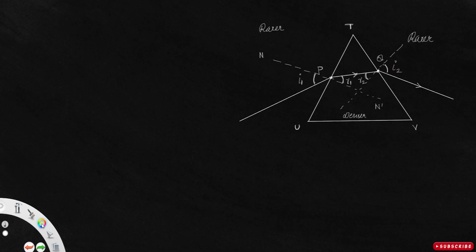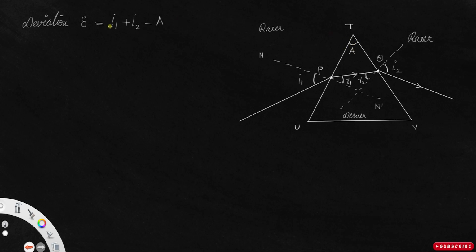And in the last video, we already derived the expression for deviation delta, that is deviation delta is actually angle of incidence plus angle of emergence minus angle of the prism. This is the angle of the prism.